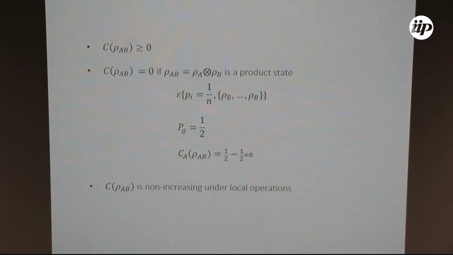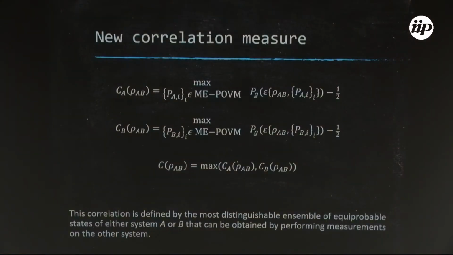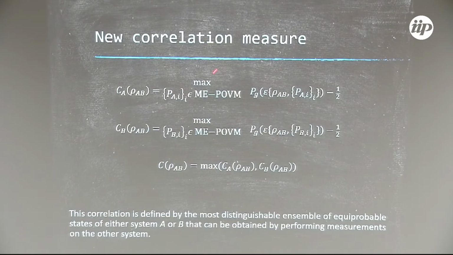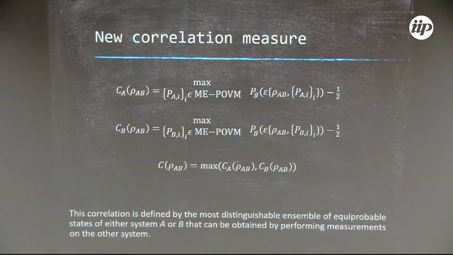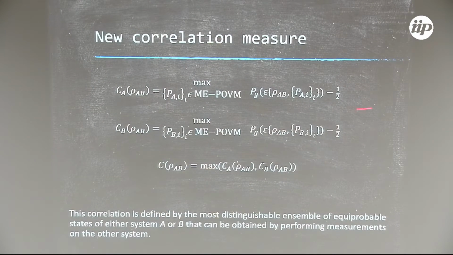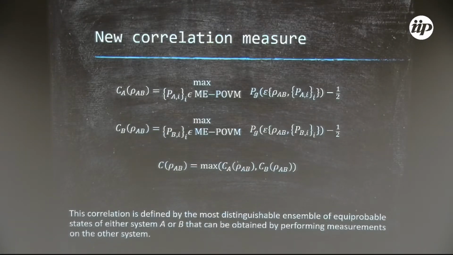If I go back there, here, I have this 1/2 minus 1/2, and then I have 0. Maybe you ask yourselves why she has this 1/2. It's just to guarantee that I have the 0 when I have a product state.